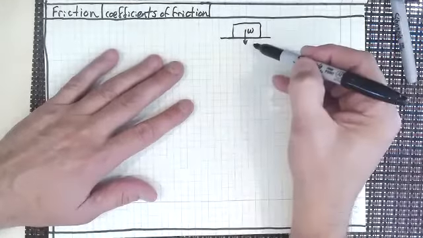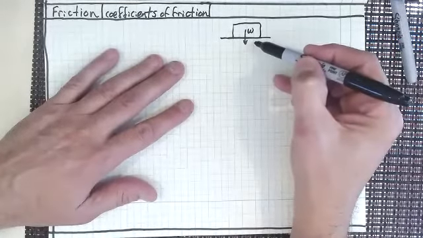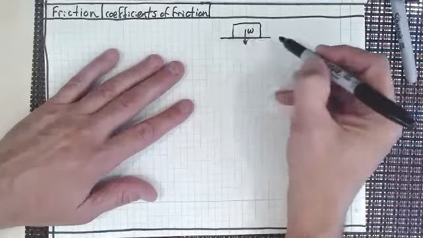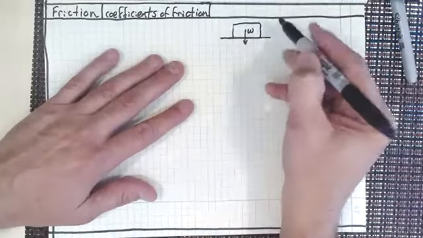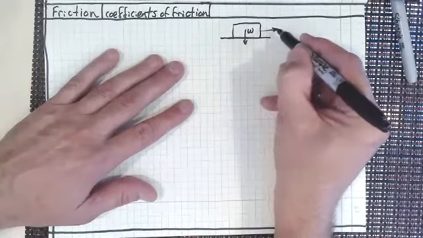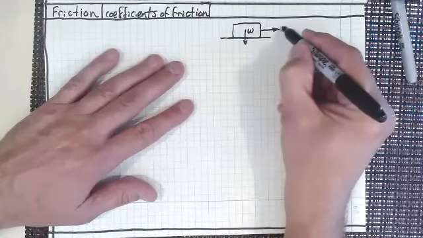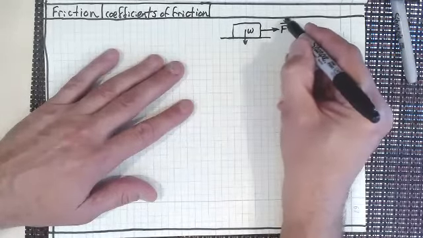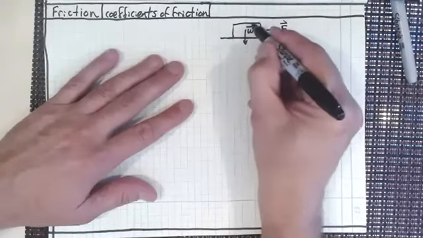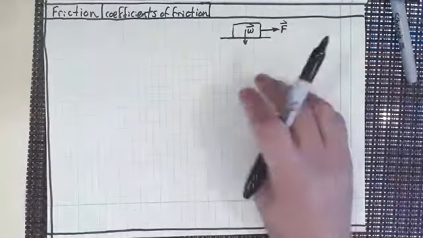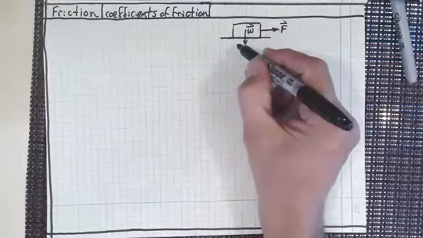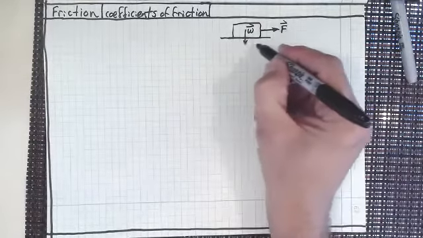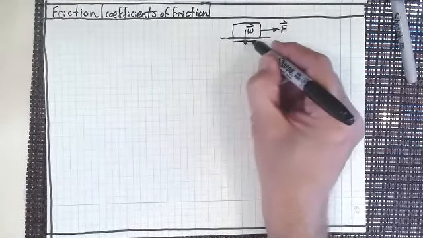So I've got a weight force that's working down. If I wanted to move that to the left, let's just say I put a force here that would move it to the left. I should really make these vectors, because forces are vectors. And then I would have a force that's restraining that motion.